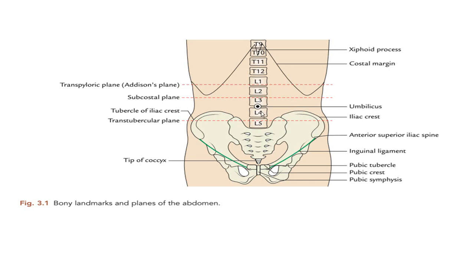And how about the subcostal plane? As you can see in this picture, it is a horizontal plane, and it passes anteriorly through the lower borders of the costal margin, the costal cartilage of the 10th, and posteriorly through the body of the third lumbar vertebra.